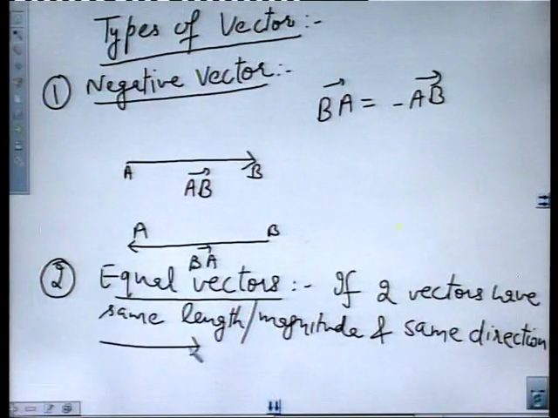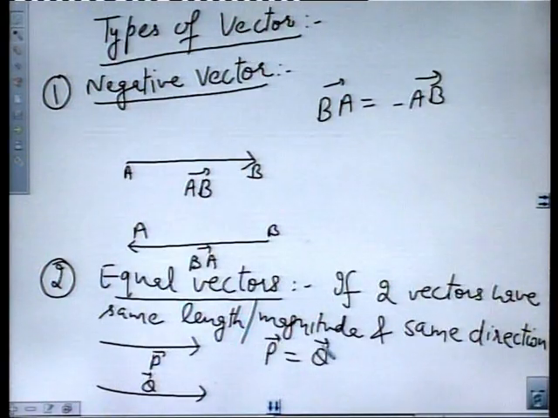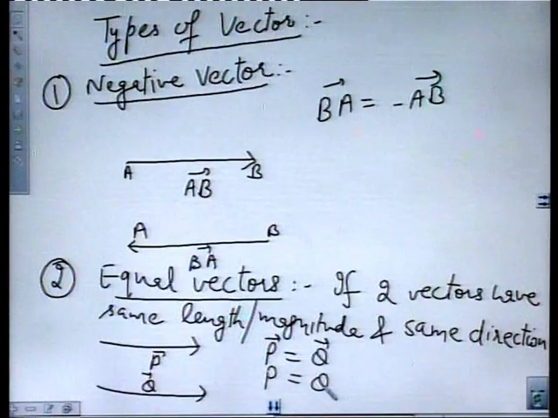This is the first vector, which is p vector, and we have another vector which is q vector. Now the length of both vectors is same as well as the direction is same, so we take p vector equal to q vector. Also we have to remember that the magnitude of p vector, which is p, is equal to the magnitude of q vector, which is q. So these are the equal vectors.